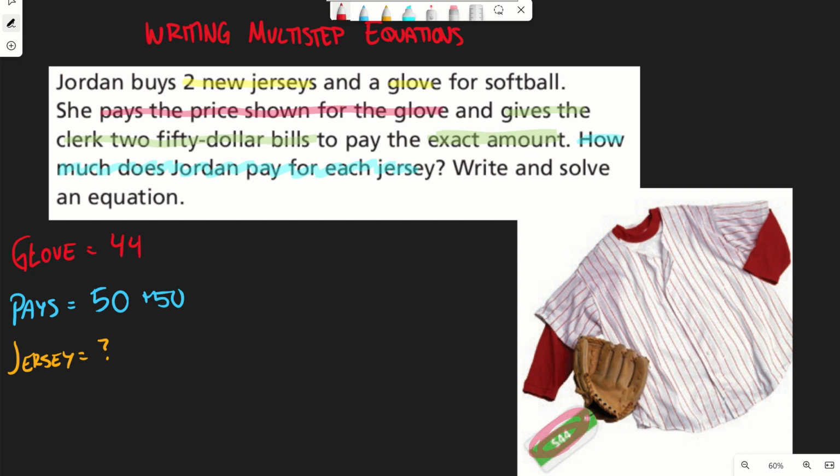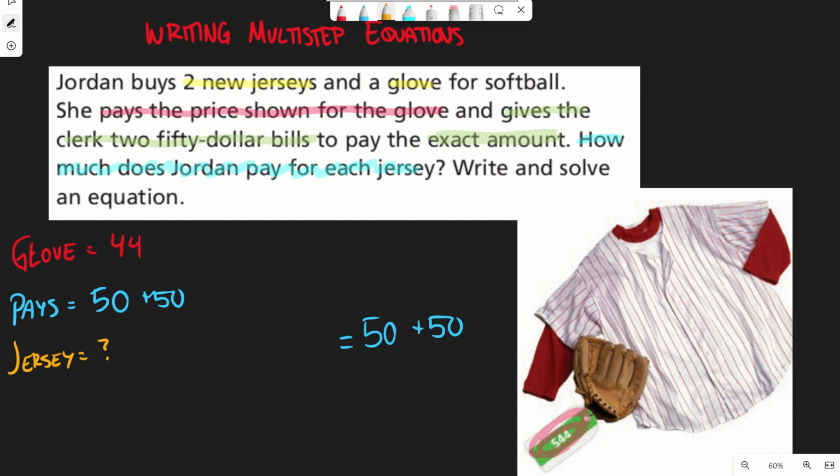All right, so we know that on one side of our equation is going to be our total cost. And our total cost was $50 plus $50. That's how much she paid. That's how much everything she bought was worth. On the other side is things that we know have value to them. How much do these things cost?